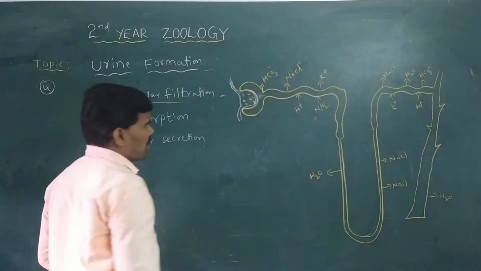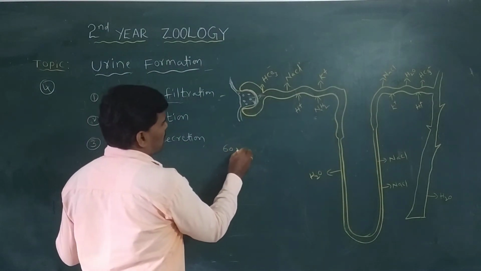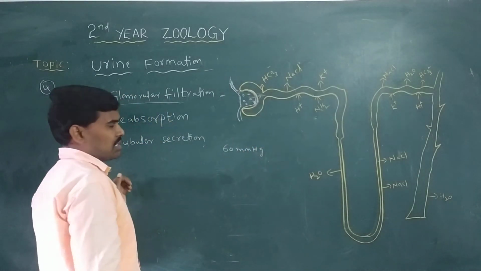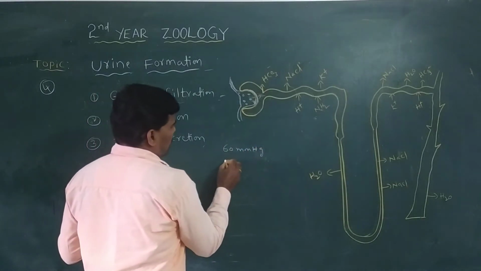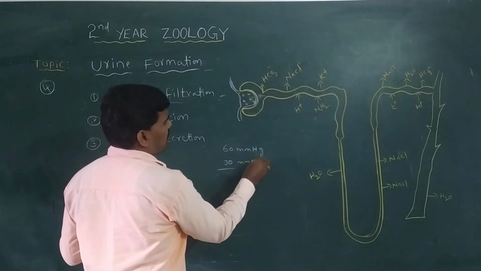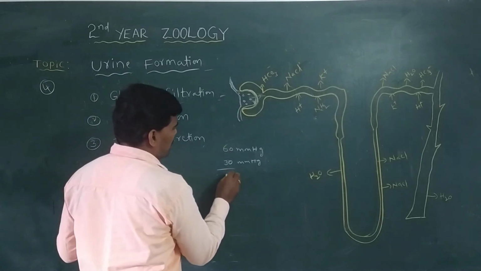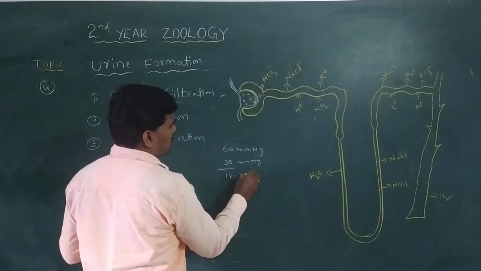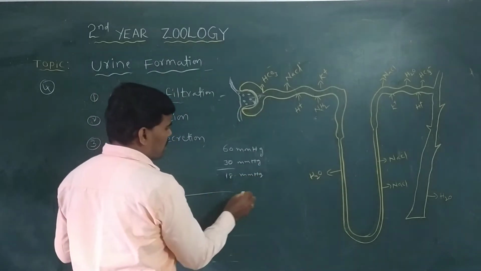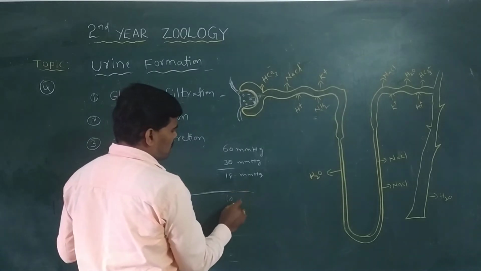The glomerular filtration pressure is 60 mmHg, and the opposing pressures are 30 mmHg and 18 mmHg. Subtracting them, the net hydrostatic pressure is only 10 mmHg.